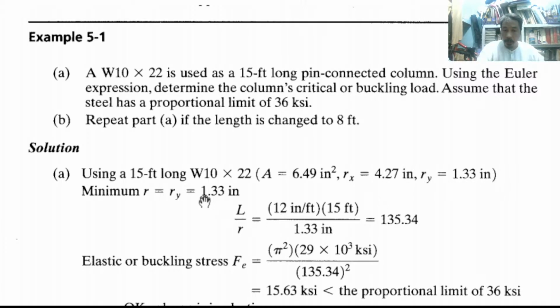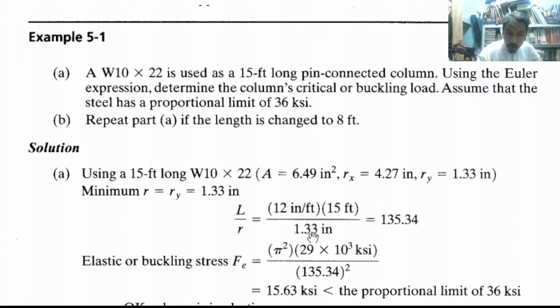1.33. So Ry. Because we are in column, Ry will be the weaker link than 4.27. So 1.33 is weaker. So we have Ry, therefore use 1.33. Let us verify. The smaller value of this will give us a larger ratio.